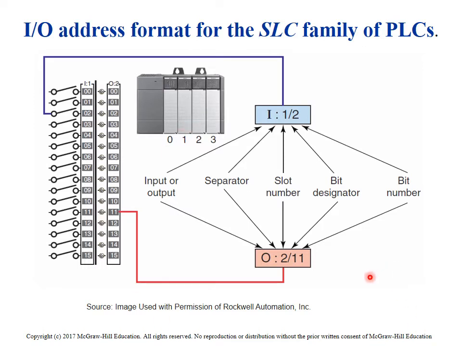Here, if I was looking at the output card, I'm looking at output, slot 2, output 2, so I'm looking at this slot here, bit 11. So I come in down here and looking at bit 11. So that's the bit number that we're looking for.